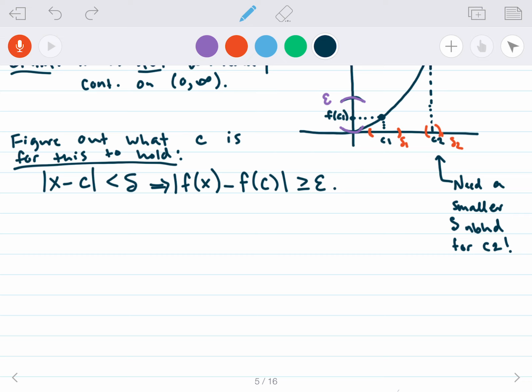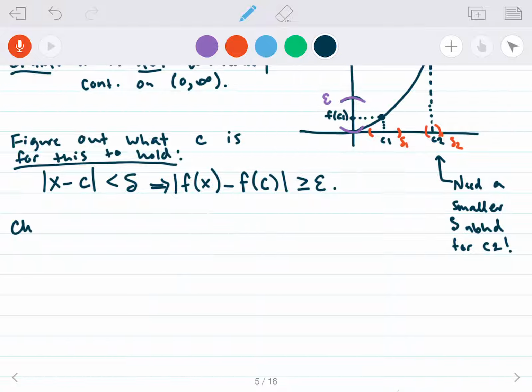So remember, for uniform continuity, I should be able to give you an epsilon, and you should be able to give me a single delta, so that whenever x is in that delta neighborhood, for all c, for all x, f of x is going to be in that epsilon neighborhood. So let's see how this can fail.